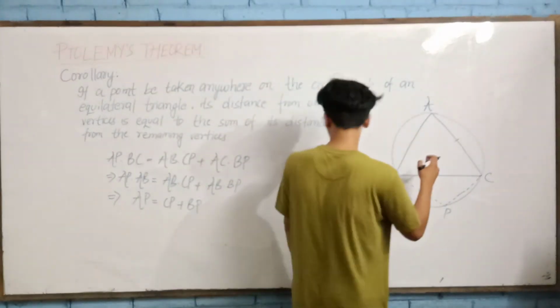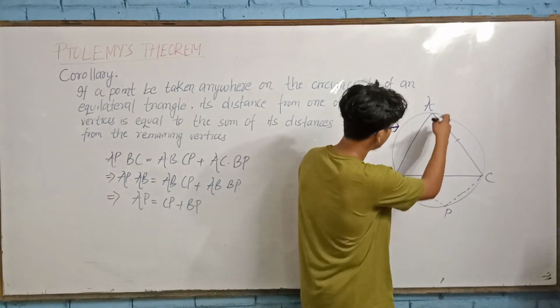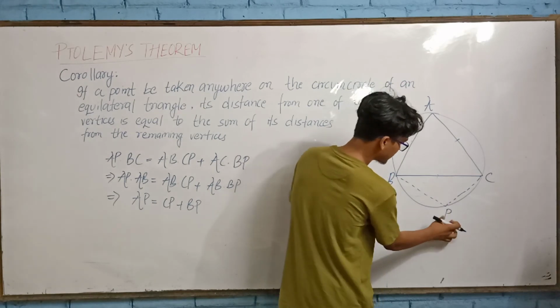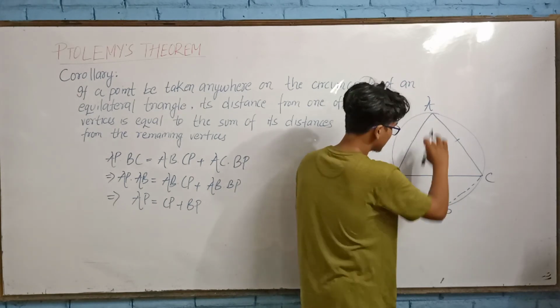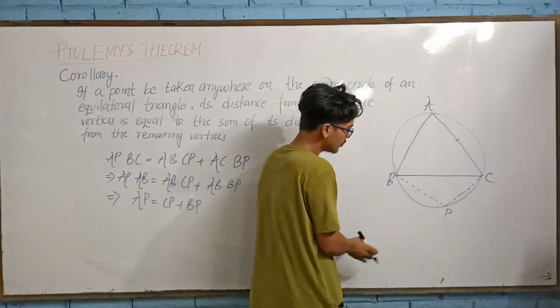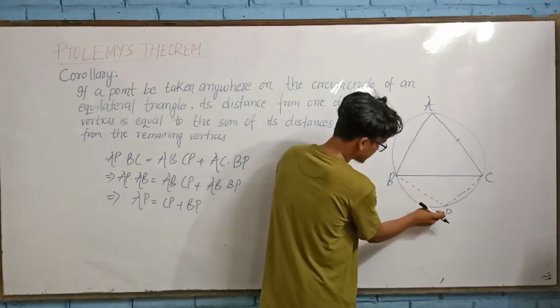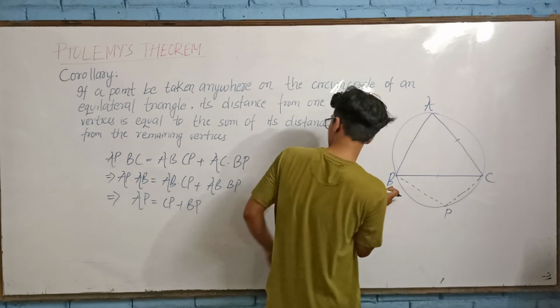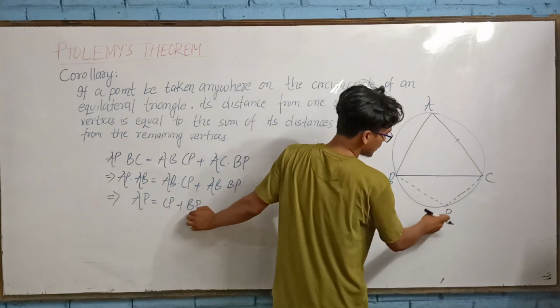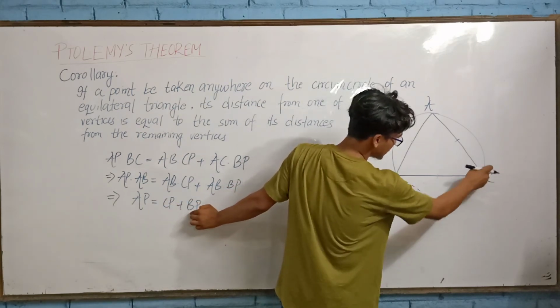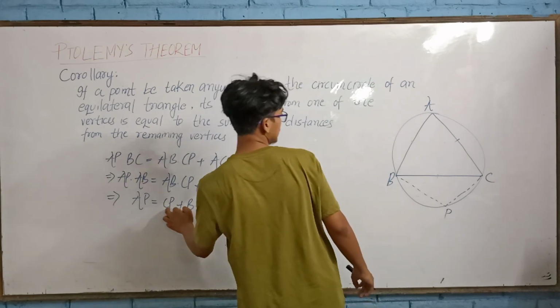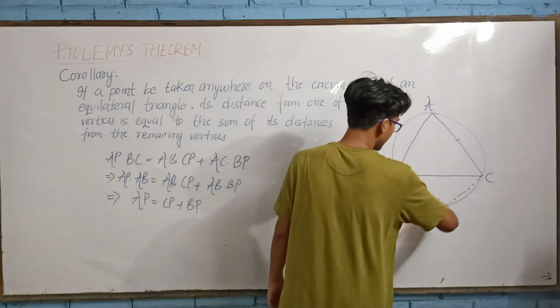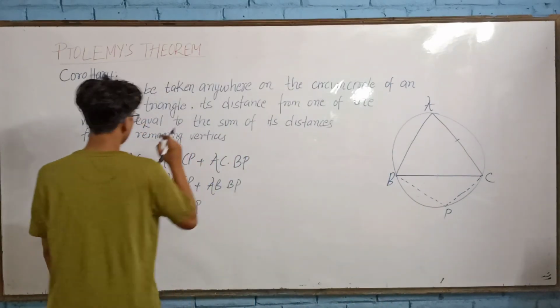What does this mean? This means that the distance of point P from vertex A, that is AP, is equal to the sum of its distance from vertex B, that is BP, and its distance from vertex C, that is CP. So AP equals BP plus CP, and hence our result is true.